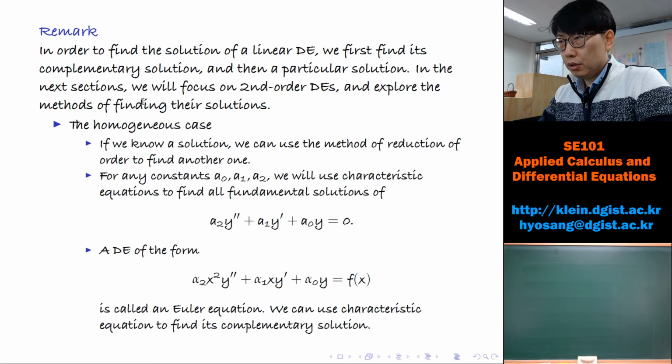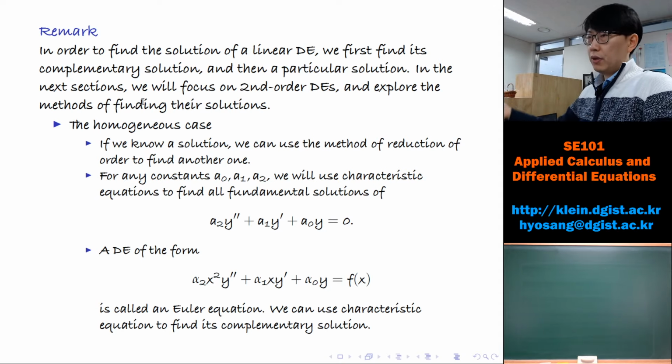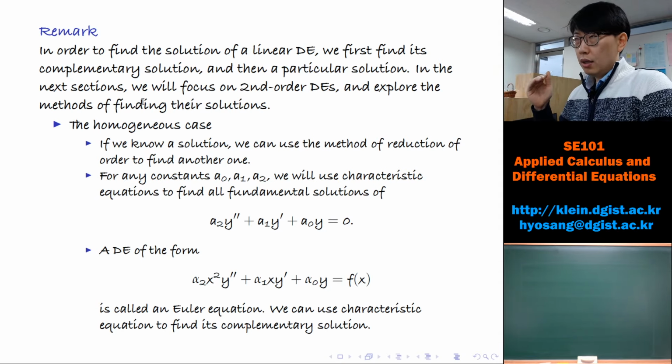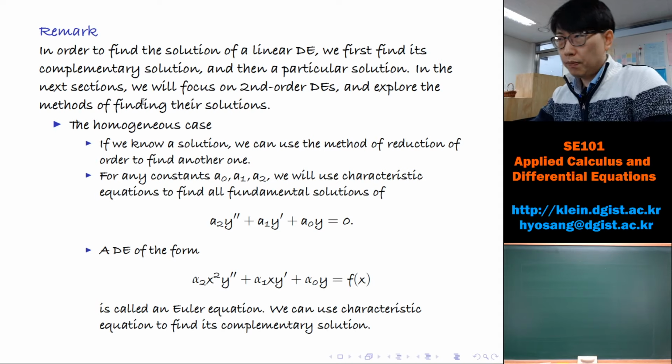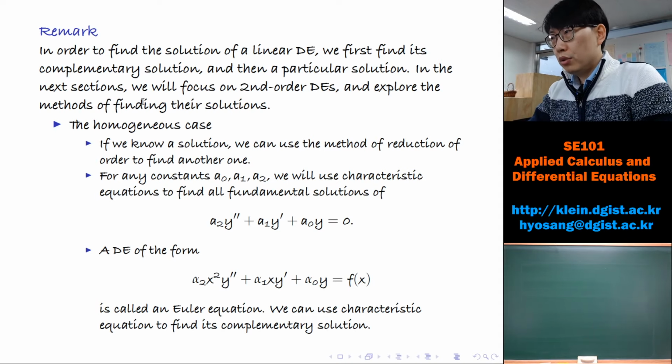The complementary solution is the solution of the differential equation where there's no non-homogeneous term. And a particular solution is a solution, not a general solution, without any constants, satisfying the entire equation.